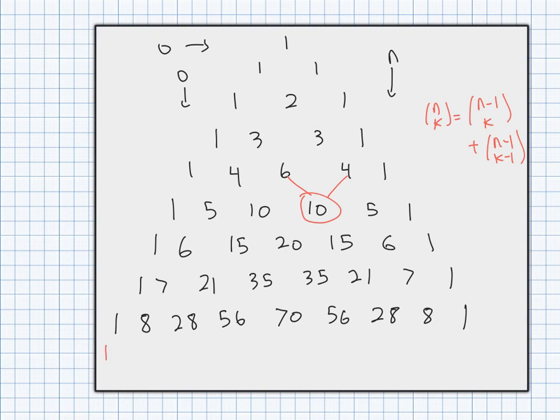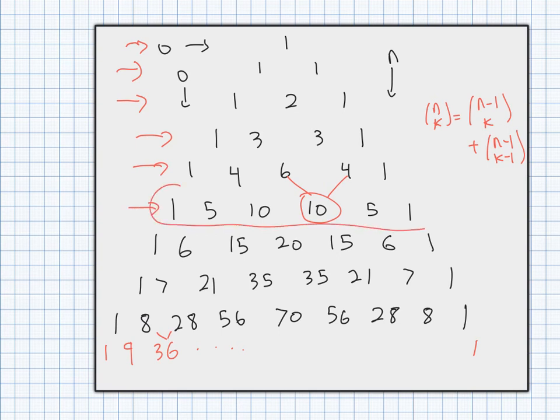So for instance, bring down some 1s. 8 plus 1 is 9. 8 plus 28 is 36, and so on and so forth. And so the binomial theorem tells you that if you wanted to, say, expand x plus y to the 5th power, what you would do is start with this row: 0, first power, second power, third power, fourth power, and 5th power.